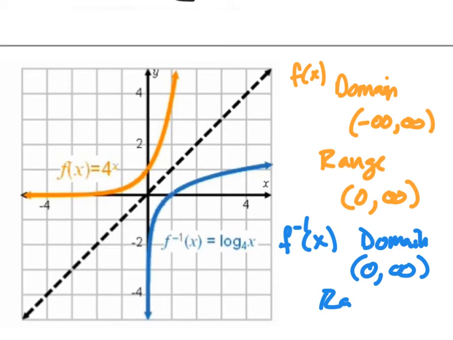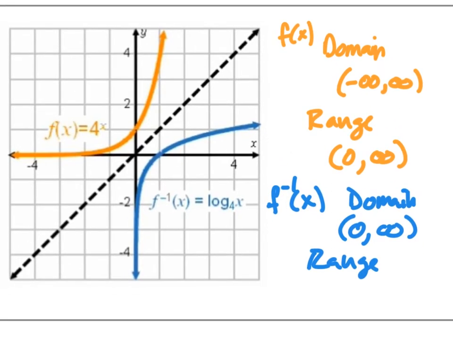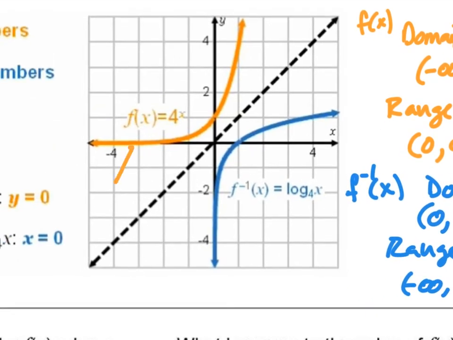And then the range of your log function is going to be all real numbers because you can get negative values, you can get 0, and you can get positive values. So this range goes from negative infinity to positive infinity. On this graph, your exponential function has a horizontal asymptote at the line y equals 0, also known as the x-axis.